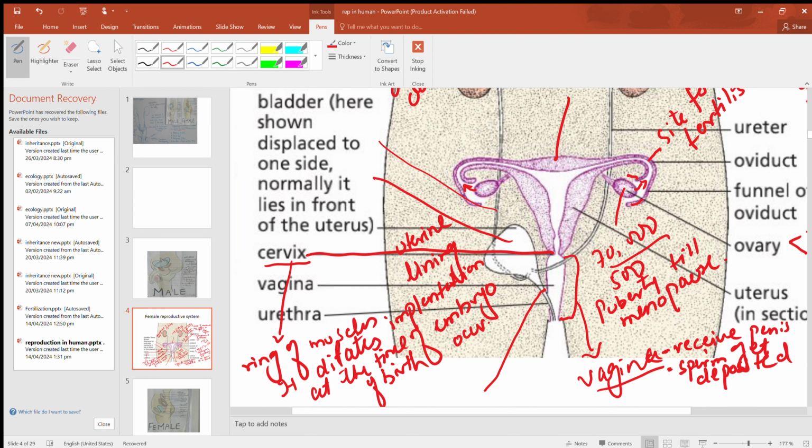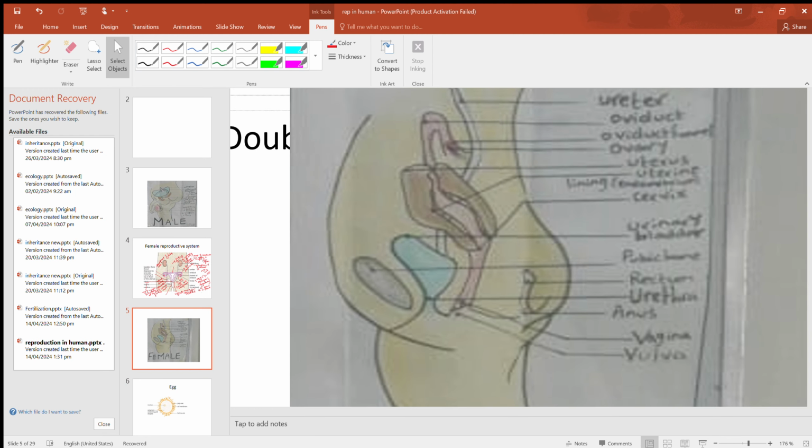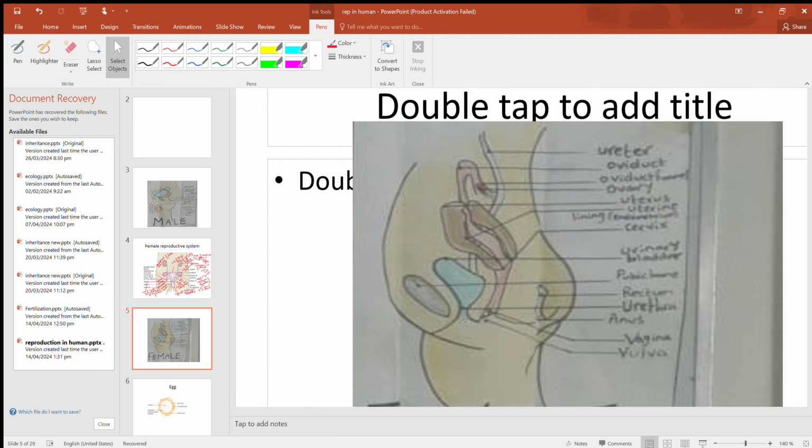Now this is the front view, and now this is the side view of the female reproductive system. What is the name of this pink structure? This oval pink structure is known as the ovary. The separate tube-like structure is known as the oviduct.